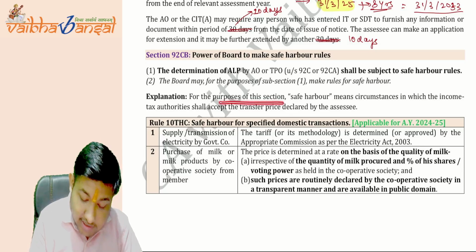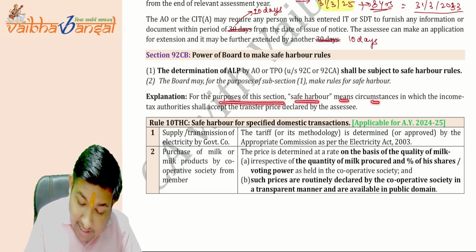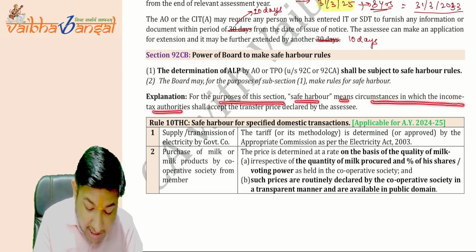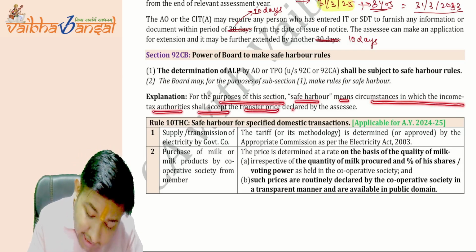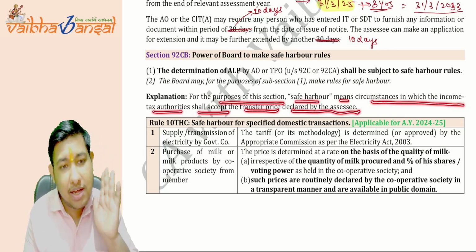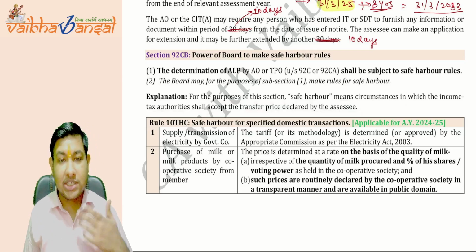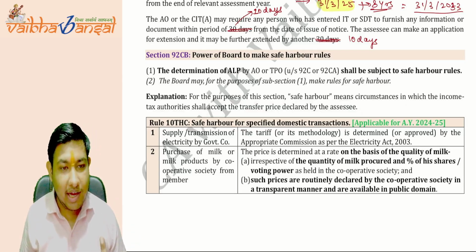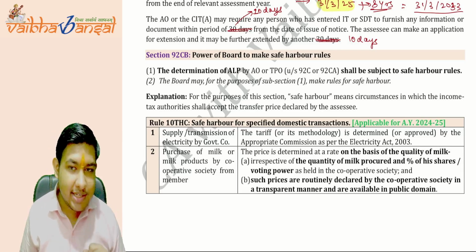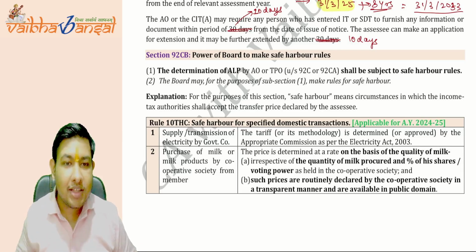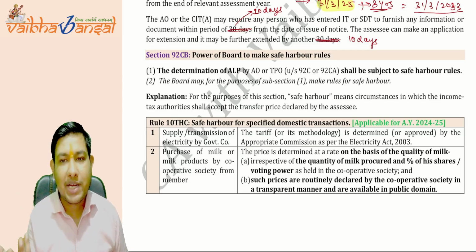For the purpose of this section, safe harbor means circumstances in which the income tax authority shall accept the transfer pricing declared by the assessee. As in presumptive income, the income tax authority shall accept the profit declared by the assessee.